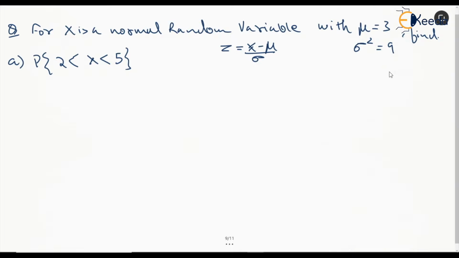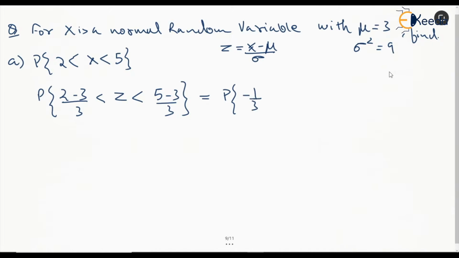In that case we can transform this to probability of 2 minus 3 by 3, and instead of x it will become z, 5 minus 3 by 3. So this is for the range minus 1 by 3 and up to 2 by 3.